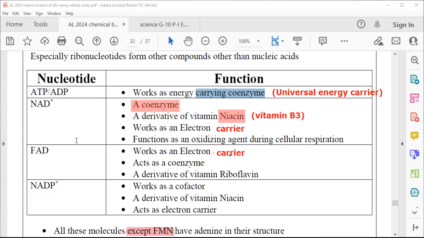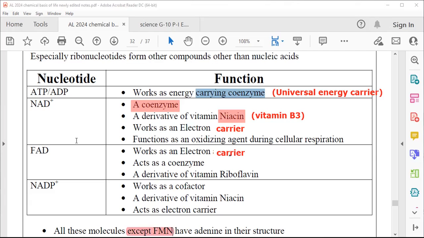At the moment, just pick it up. Clear? Yes, sir. Good.